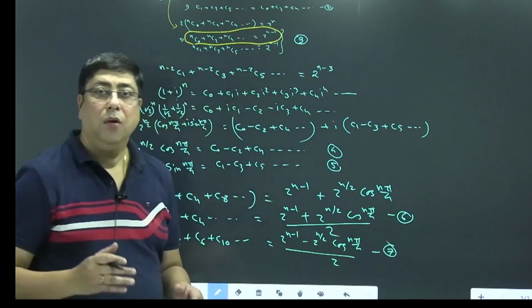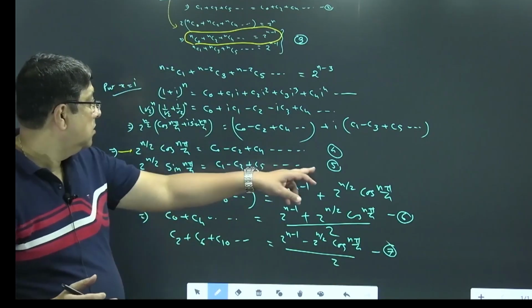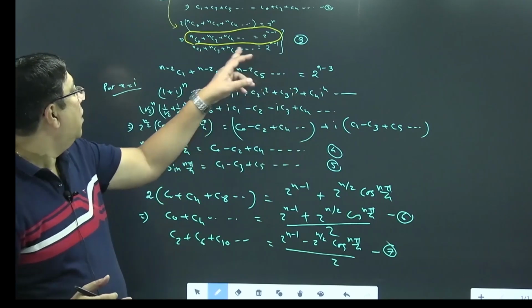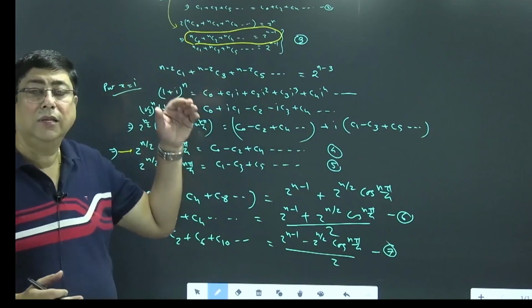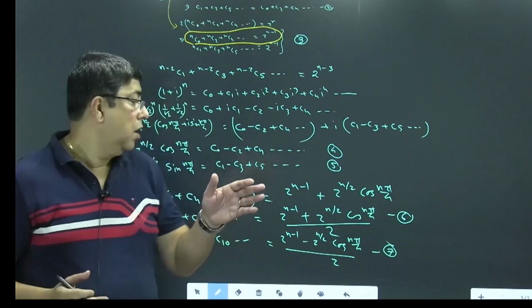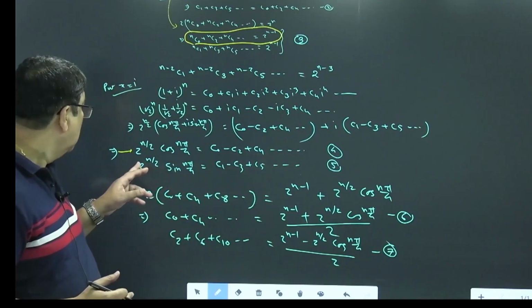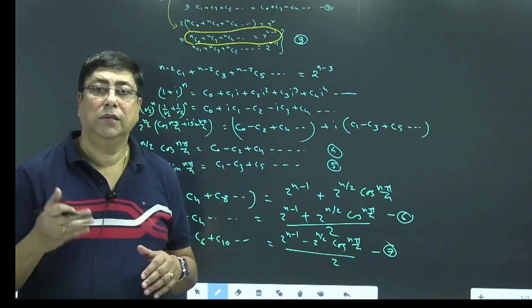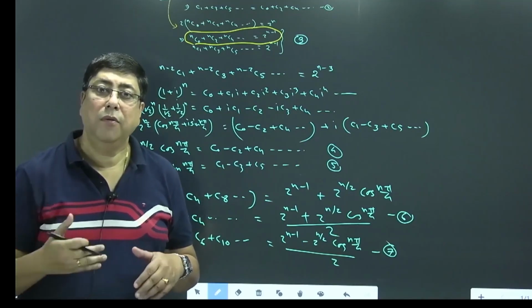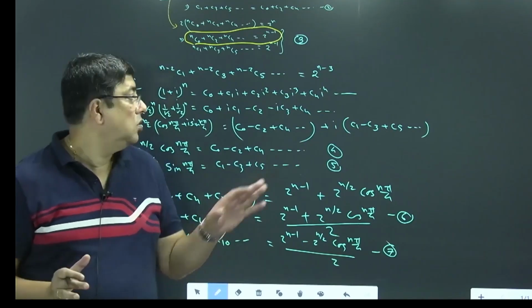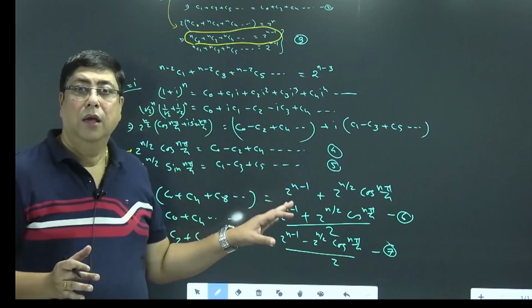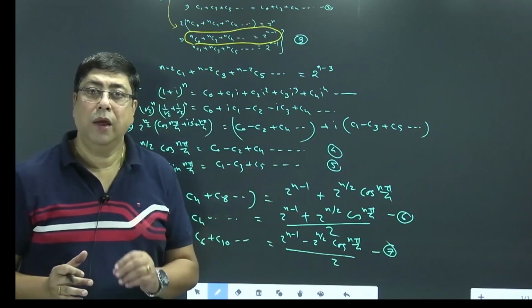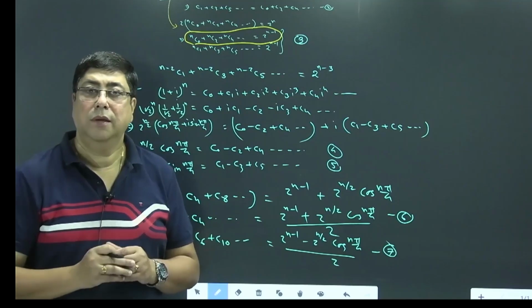In this way, if we add this 5 and 2 to the power n minus 1, it means C1 plus C3 plus C5, and in this case plus 2 to the power n by 2 sin n pi by 4, we are getting C1 plus C5 plus C9. In this way, we will get one more series. So these are the fundamental series which we have to keep in mind in solving the entrance examination paper.